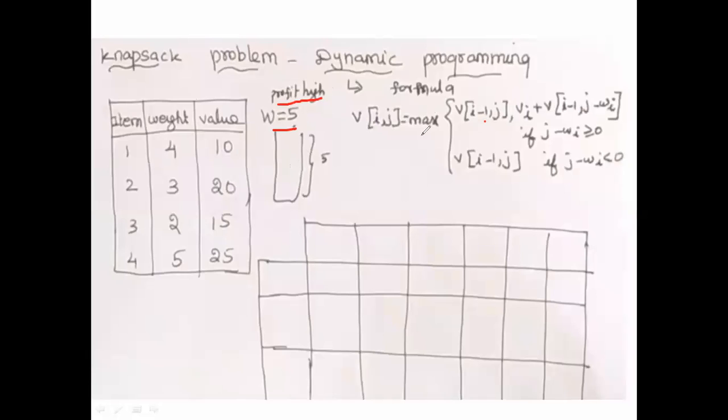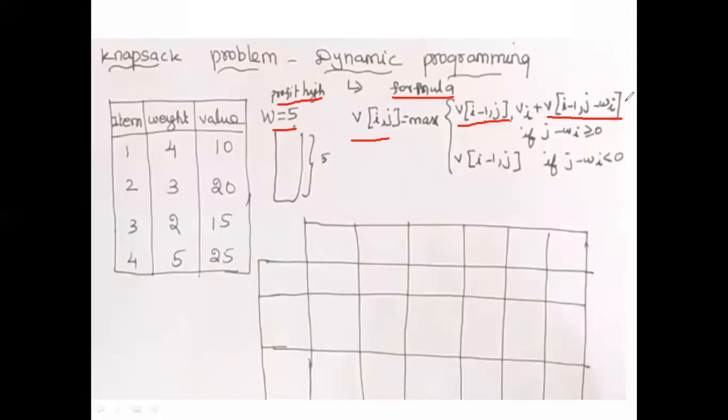To fill this table we use one formula: V of i comma j equals the maximum of V of i minus 1 comma j, comma, vi plus V of i minus 1 comma j minus wi.